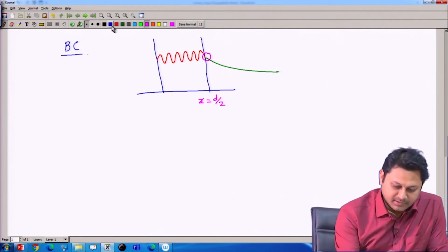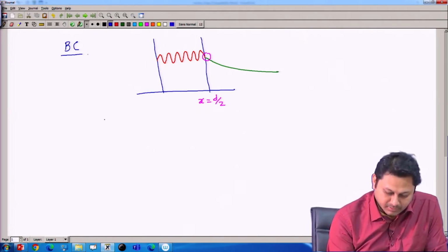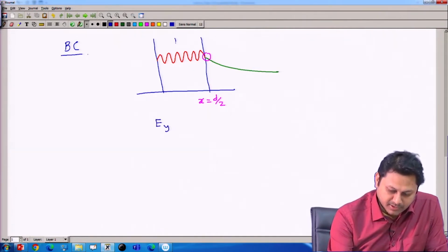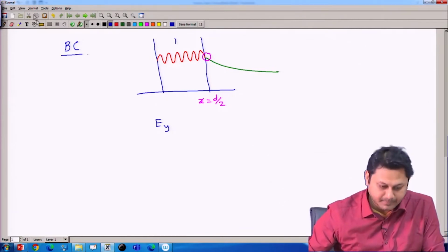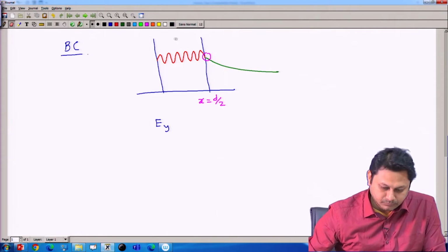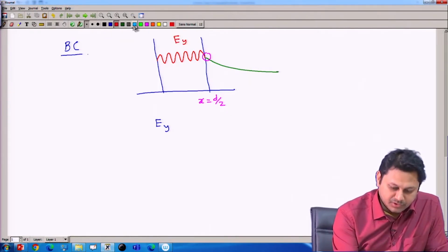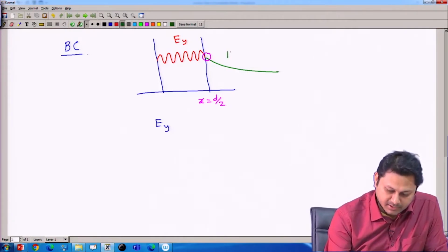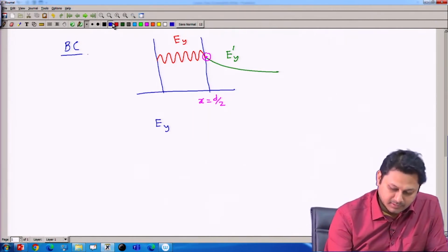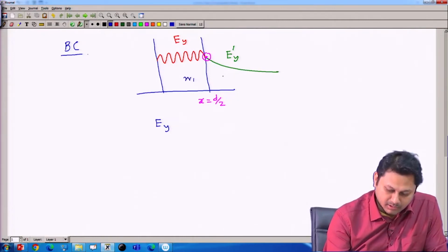If I write the solution in the core as E y, and the solution in the cladding region as E prime y, then at the junction, this is refractive index n1 and this is refractive index n2.